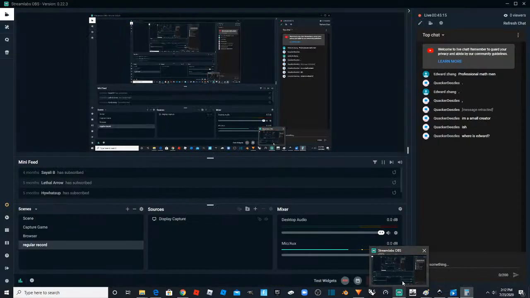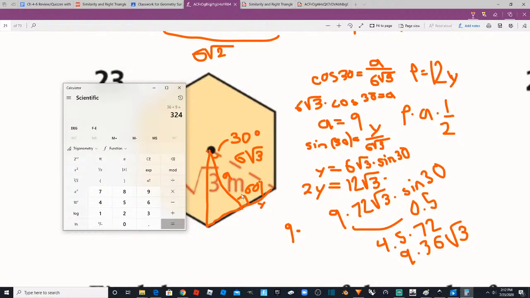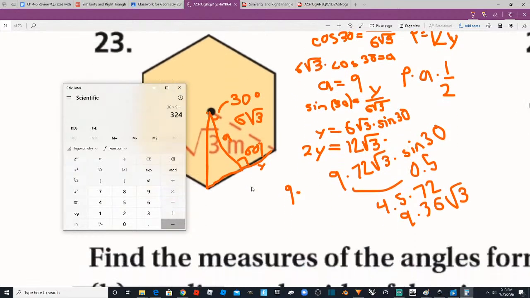Okay, so we could do this the simple way, but I clearly don't want to do the simple way. I'm wasting my time. What's this?